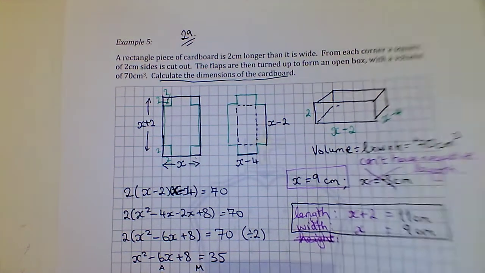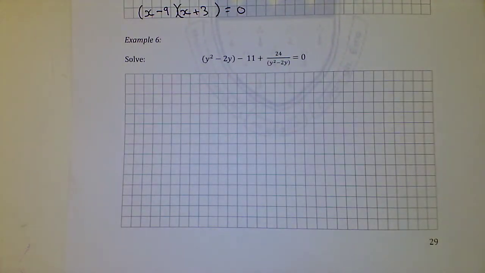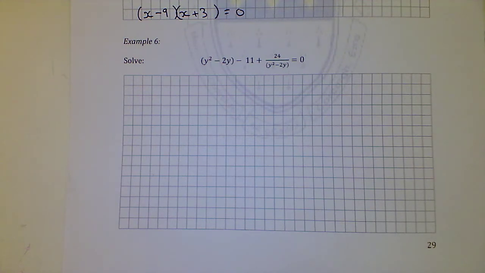The next type of question is a quadratic, but it doesn't look like one. In fact, before we even do this, I'd like to do a slightly more straightforward question. You should hopefully have done something like this in junior cert. Just getting some paper here.